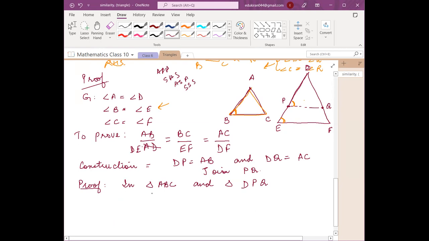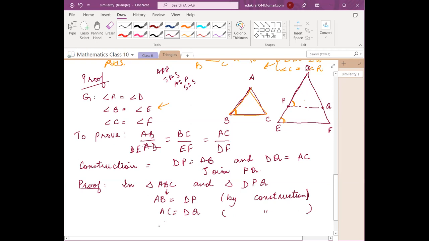Tell me three conditions. Ma'am, DP is equal to AB. Very good. So in triangle ABC, AB is equal to DP. How? By construction, because we constructed them to be equal. Now second, AC is equal to DQ, again by construction.